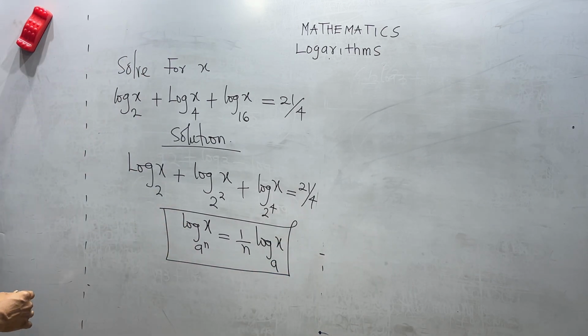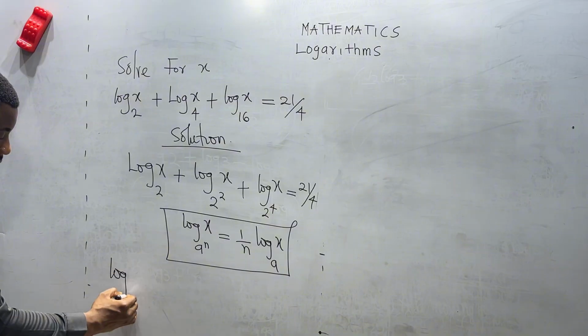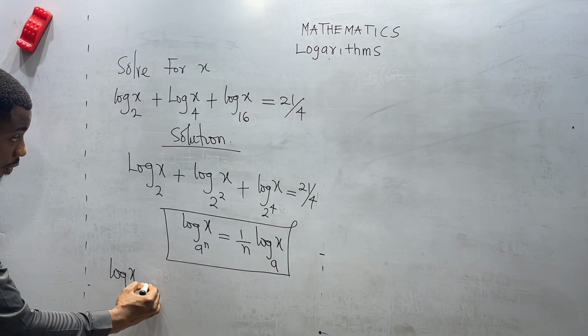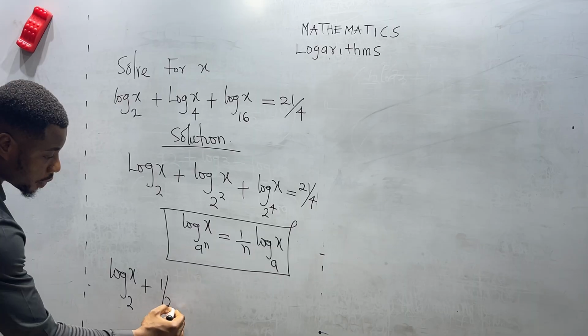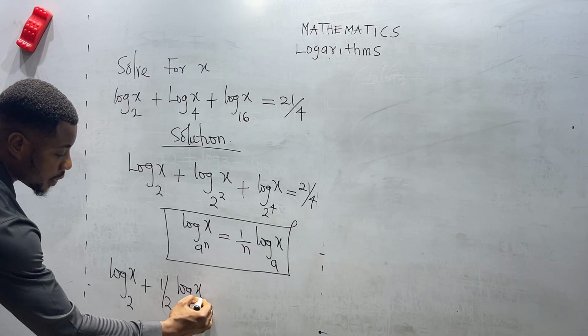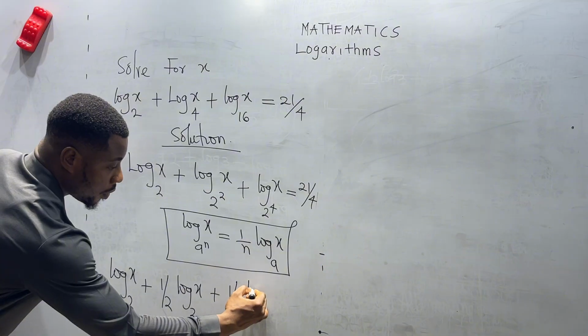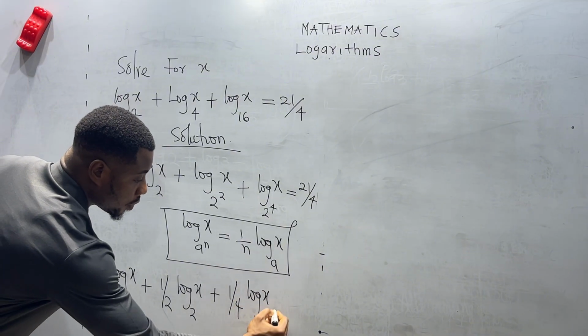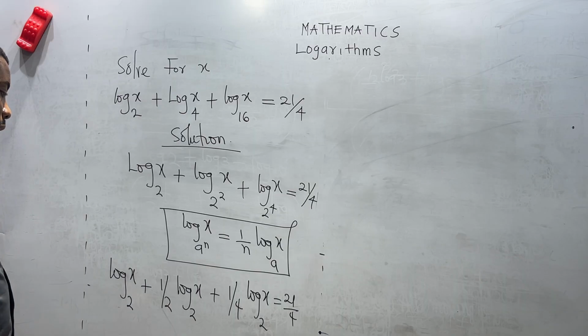So if we go by what we just said, I can say this is the same thing as log x base 2 plus 1 over 2 log x base 2 plus 1 over 4 log x base 2. This is equal to 21 over 4.